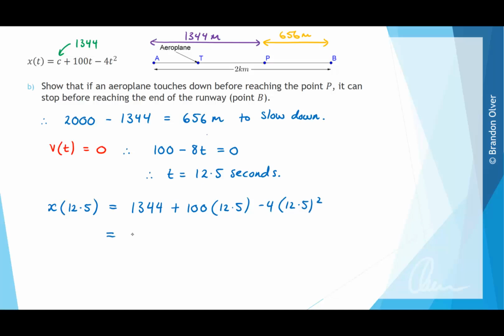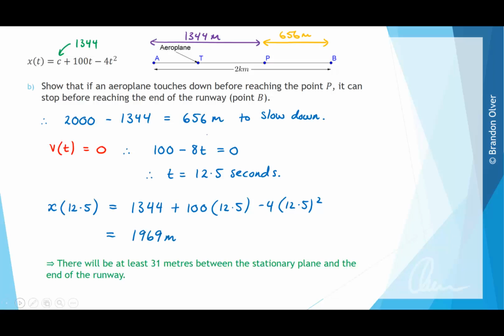And when you evaluate that, that's going to be equal to 1,969 meters. So we can interpret that to mean that there will be at least 31 meters between the stationary plane and the end of the runway, which means that there is at least 31 meters left of the runway, which means that the plane will safely stop as long as it has touched down before reaching the point P on the runway.